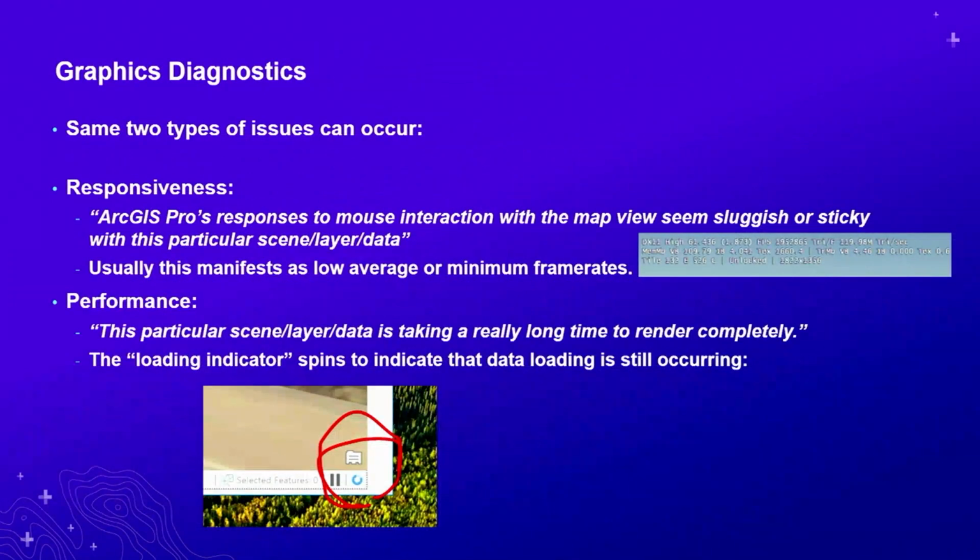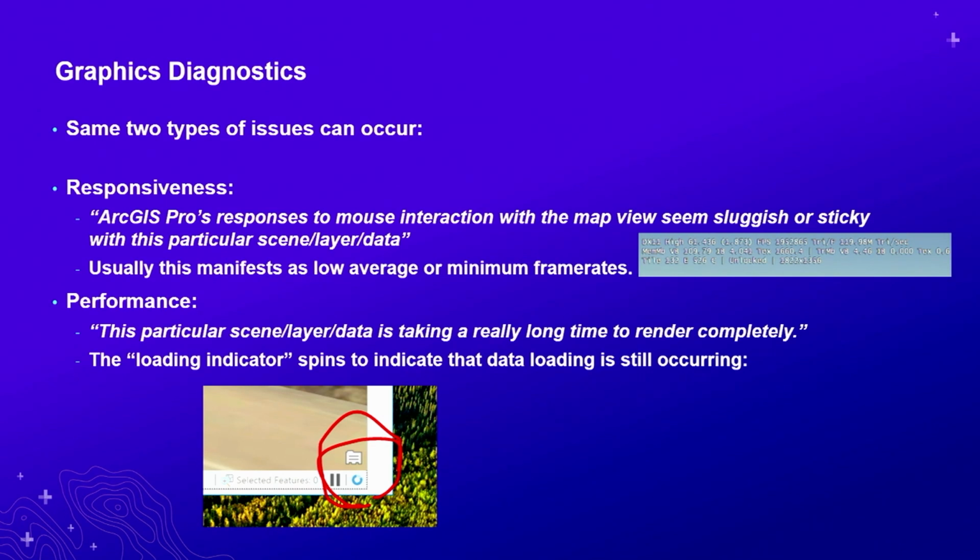So just like in the UI or in add-ins, there are also two types of issues that can occur. There's responsiveness, and in graphics terms, that usually means when things feel sticky. The frame rate has gone down, and because of that, when I try to navigate, it doesn't feel like it's listening to my inputs. The other category of these kinds of problems is performance, of course.